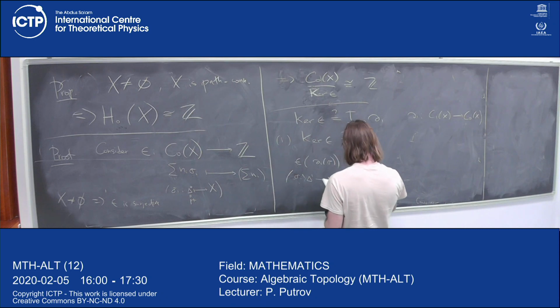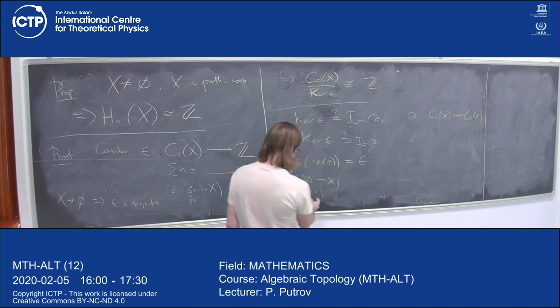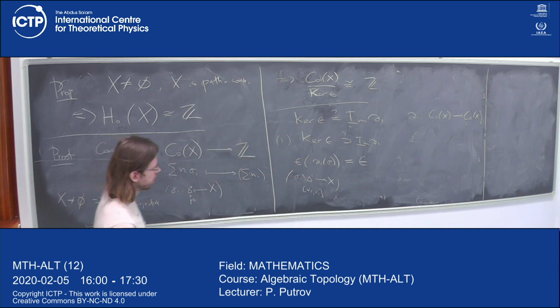Okay. Well, let's do this. Sigma is a map from the one-simplex, which has two vertices, let's say V0 and V1.